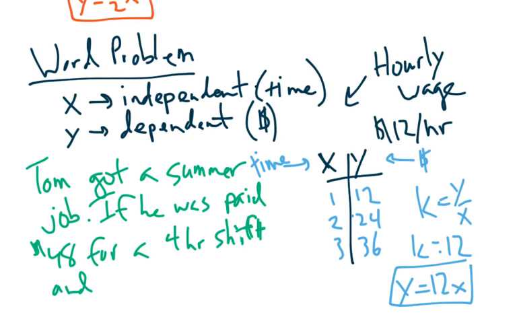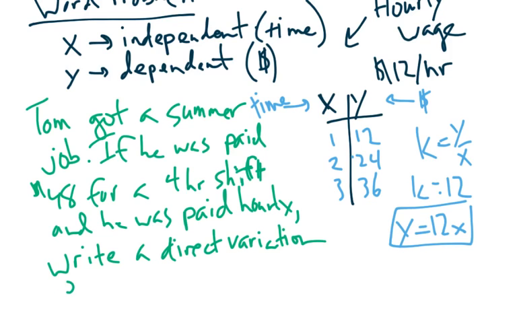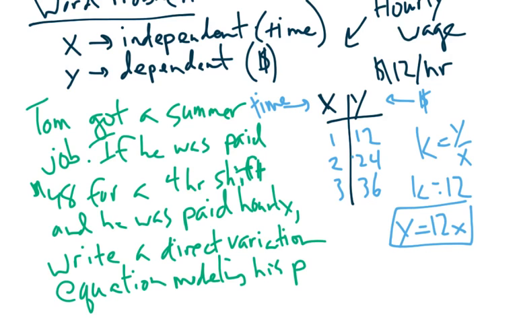And he was paid hourly. Write a direct variation equation modeling his pay. So it could be something along those lines.